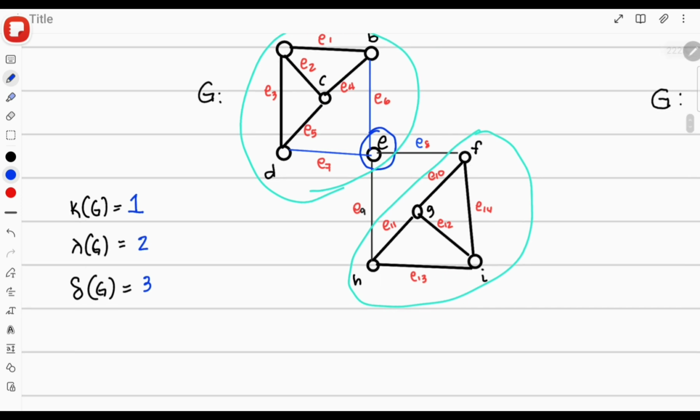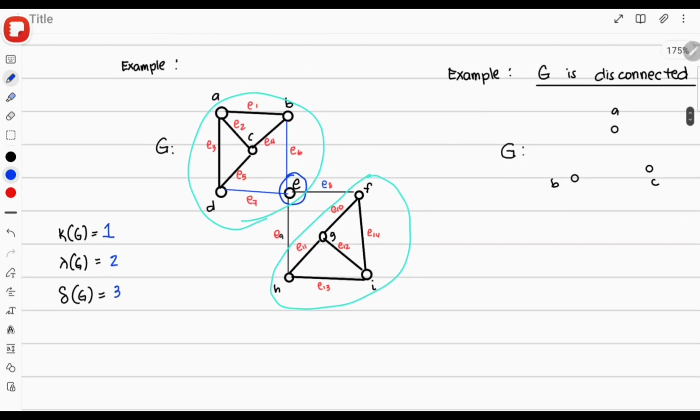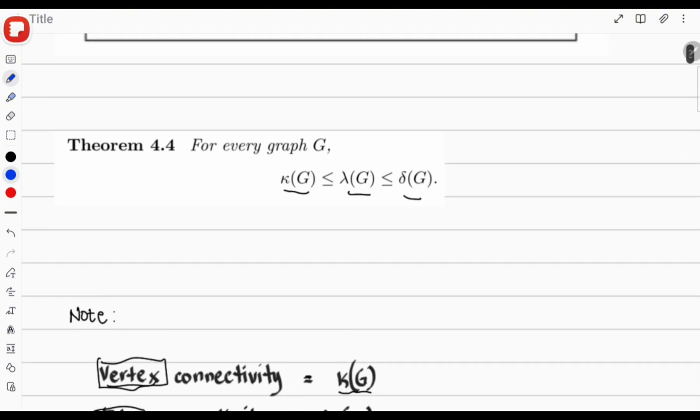So here we satisfy the theorem, which is this one.